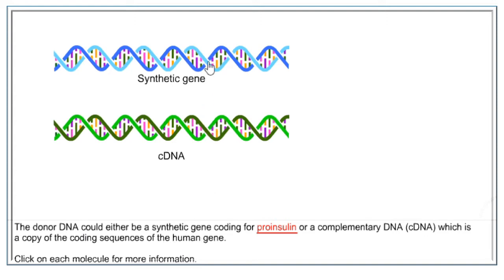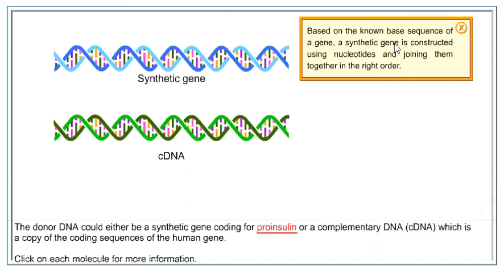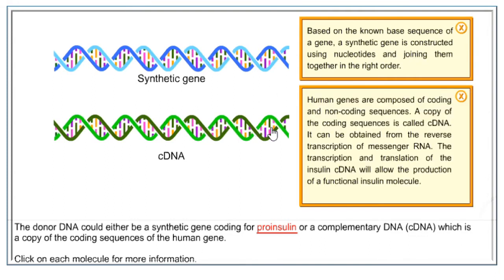Okay, let's revise. A synthetic gene means using nucleotides and joining them together in the right order. For cDNA, genomic DNA is composed of coding and non-coding sequences, and a copy of the coding sequence is called cDNA. The process we have known already, it is produced from the reverse transcription of mRNA. So they will produce the cDNA.